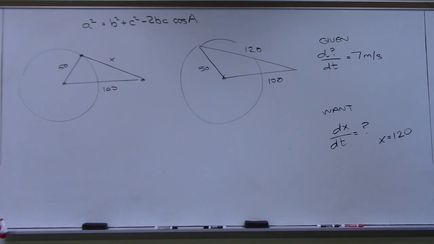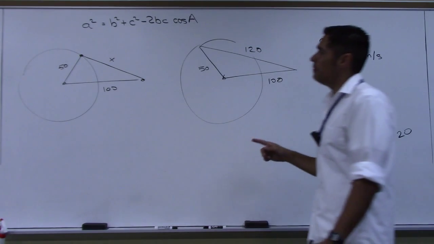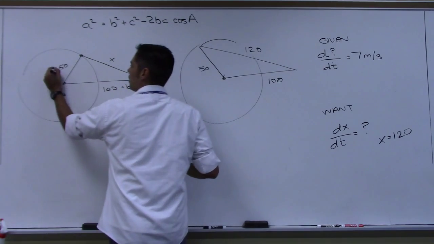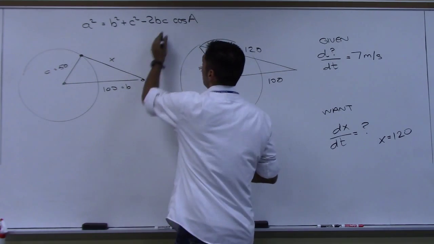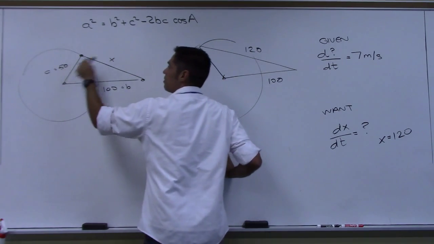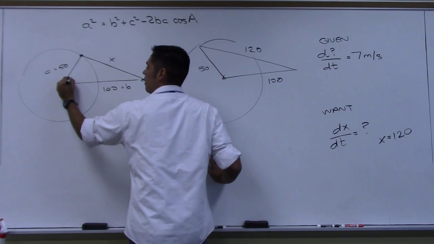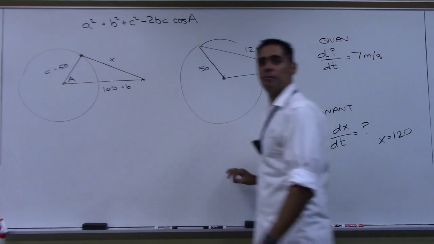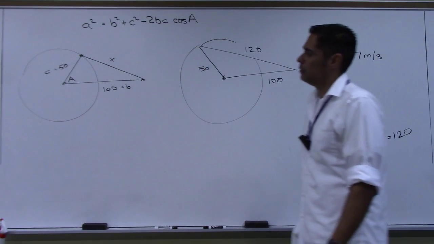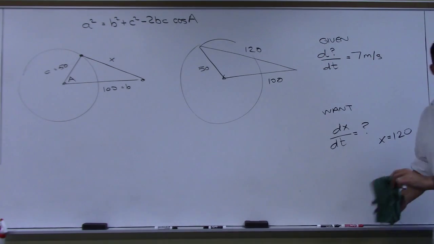That's the law of cosines, which means you have to have 2 sides, B and C, which we could label this one B and this one C. Then you have to know the angle. That would make this side A. If this is little b and little c, this would be little a, and this angle right here would be big A. I'm not sure if y'all are following me on this.